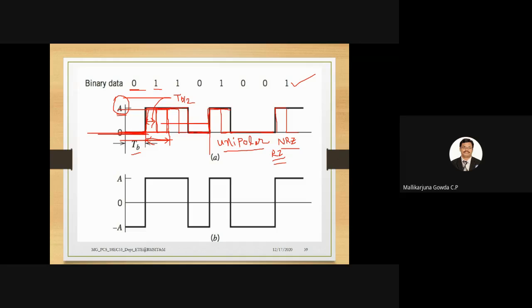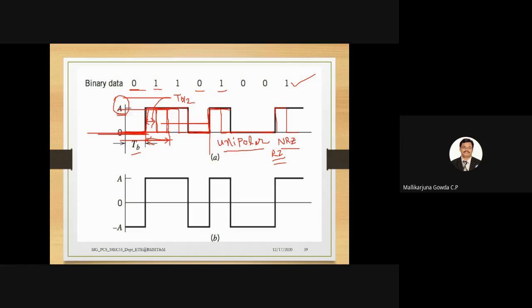Is my point clear? Is this clear? In case of return to 0, binary bit 0 will be represented by no pulse. Binary bit 1 will be represented by a pulse having a magnitude of A, right? And that magnitude of A will be there only for half of the bit duration.